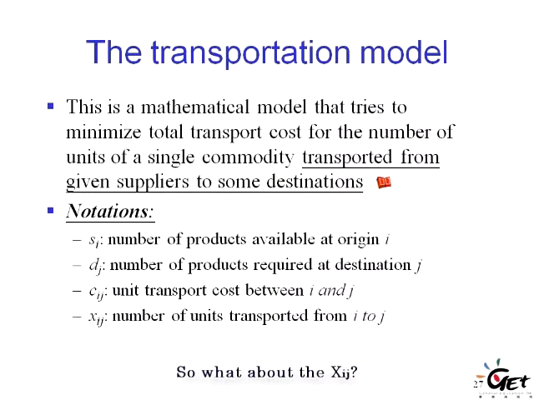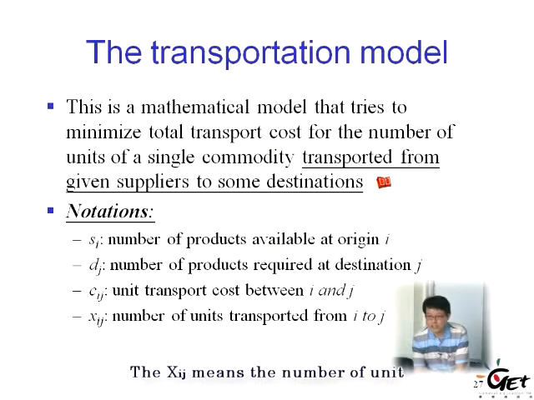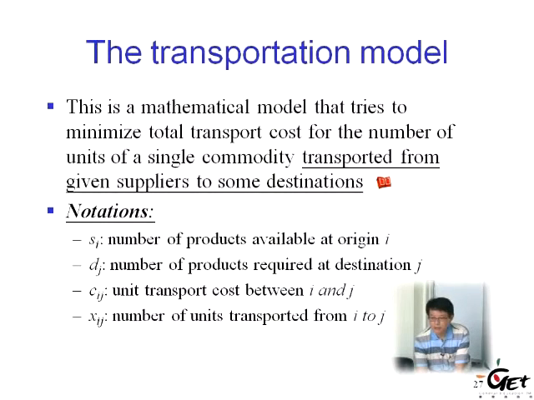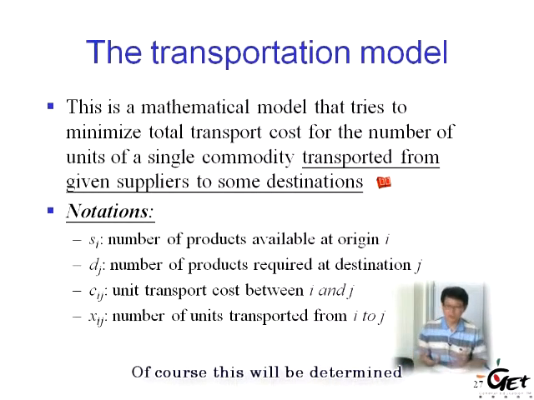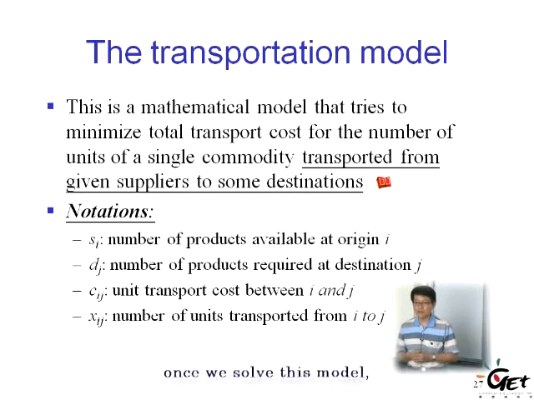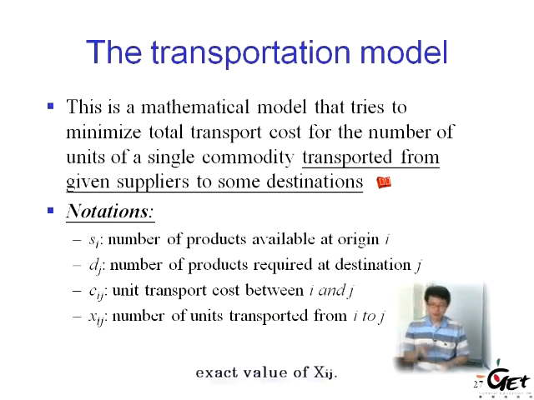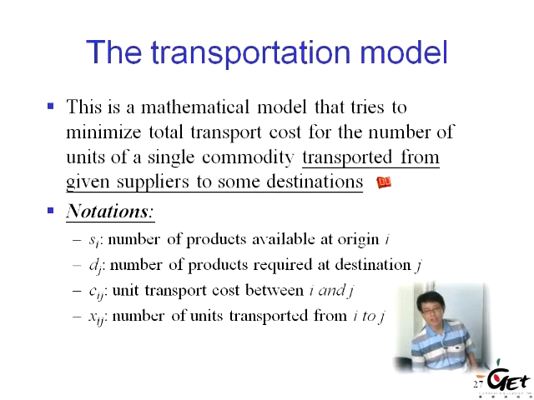So what about X sub ij? X sub ij is the only variable for this model. X sub ij means the number of units transported from i to j. Of course, this will be determined once we solve this model, and we know the exact quantity, the exact value of X sub ij.